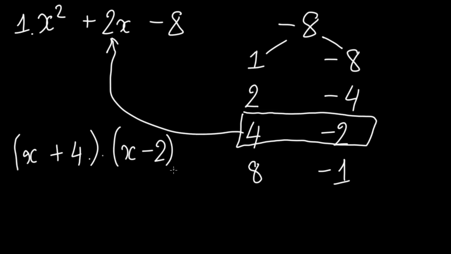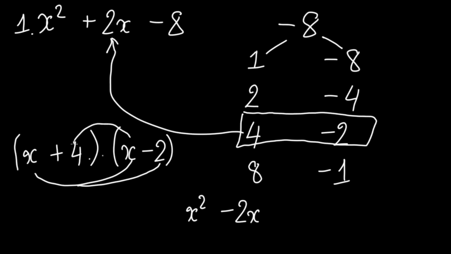You can also double check by multiplying them back together, right? x times x equals x squared right here. And then x times negative 2, you get negative 2x, right? And then 4 times x, you get 4x right here. And then 4 times negative 2 is negative 8 right here.